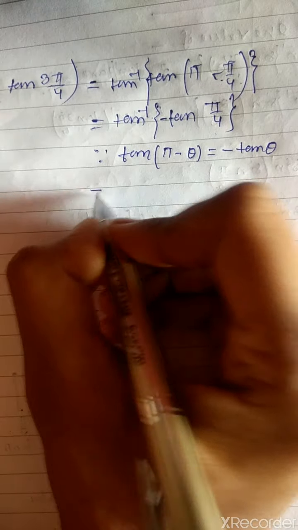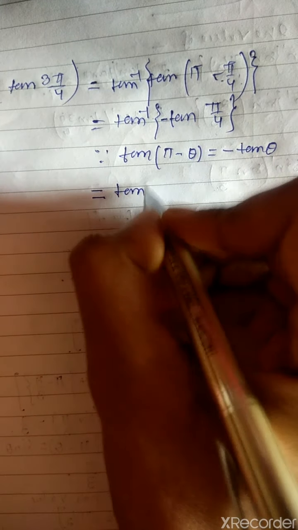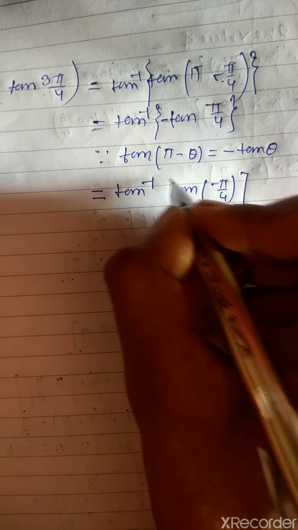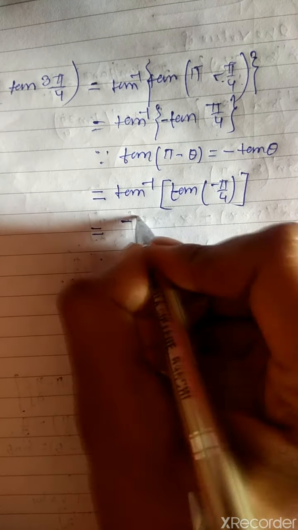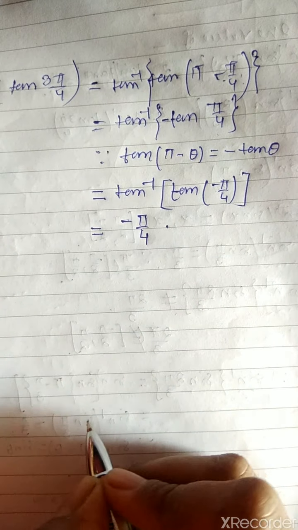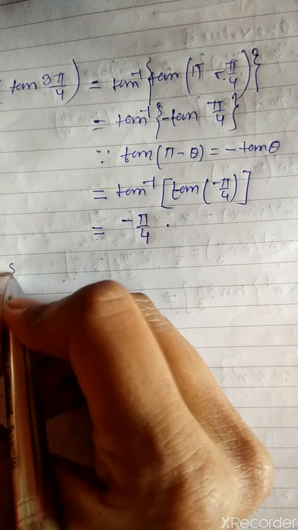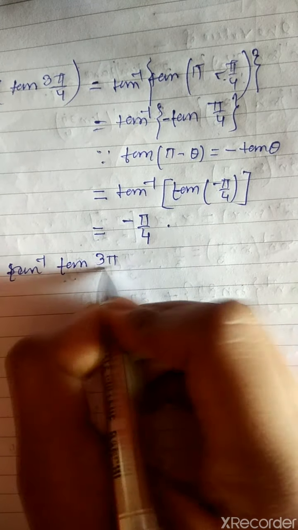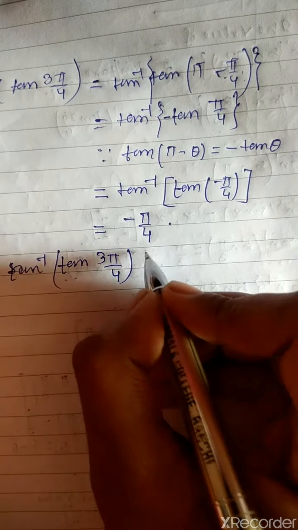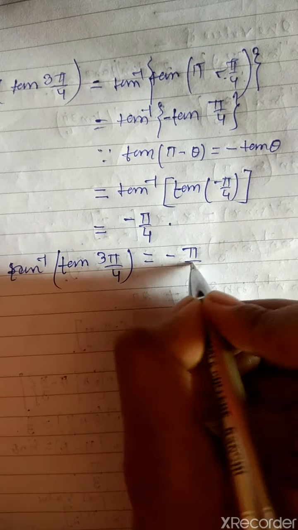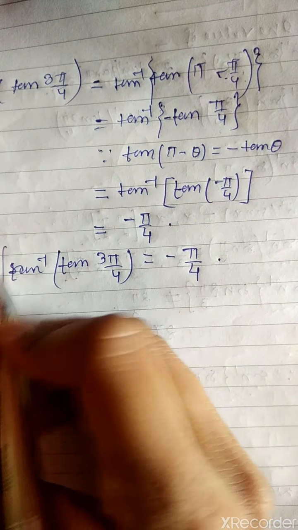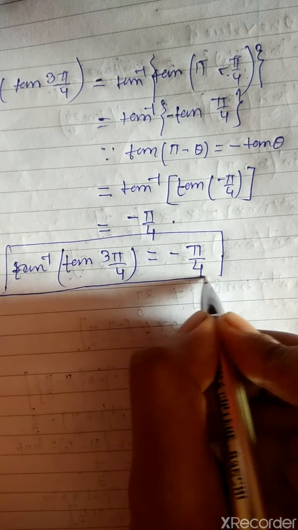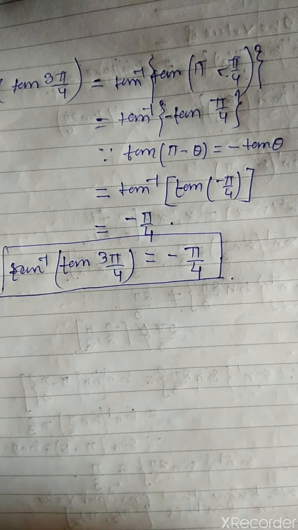So this value is tan inverse tan of minus pi by 4, and this value is minus pi by 4. So the principal value of tan inverse tan 3 pi by 4 is equal to minus pi by 4. All these questions are very, very important, so be careful while solving them.